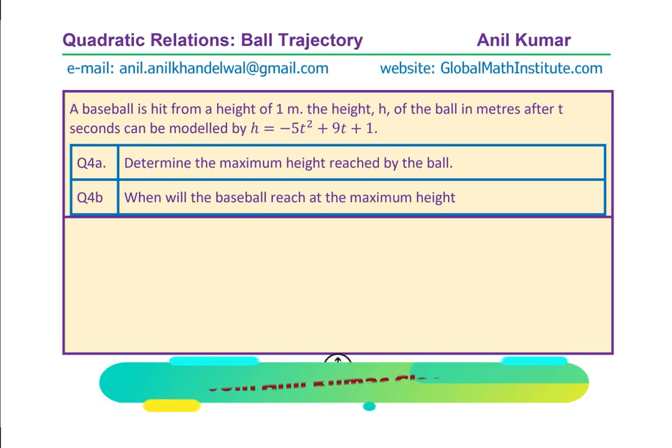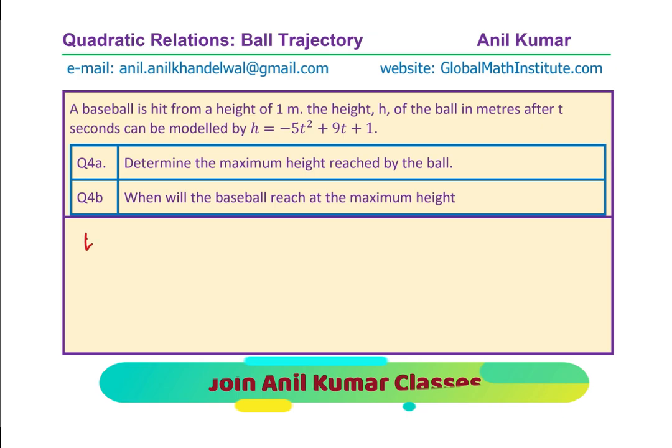So let's again work on this. We are given the equation h equals minus 5t squared plus 9t plus 1. So we factored out minus 5t and we get t minus 9 by 5, plus 1.